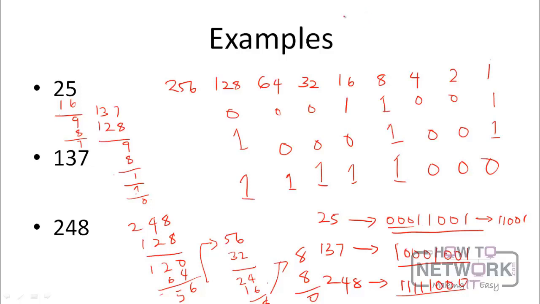So if we have a binary address that was 137.25.25.248, what we are really going to have is 10001001.00011001.00011001.11111000.